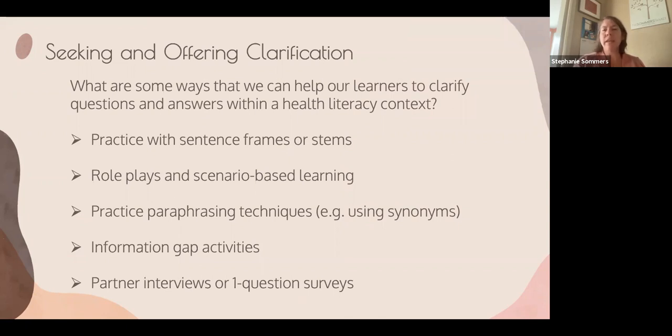And so I think helping our students to understand when each of those is most appropriate is a great way to bring in some health literacy. So thanks, Karen.